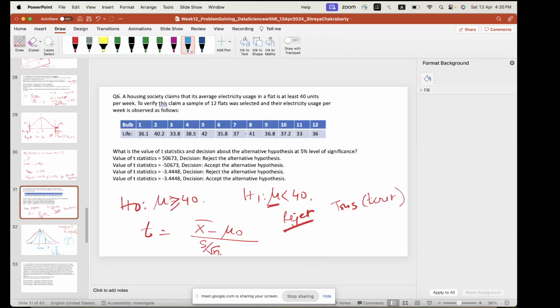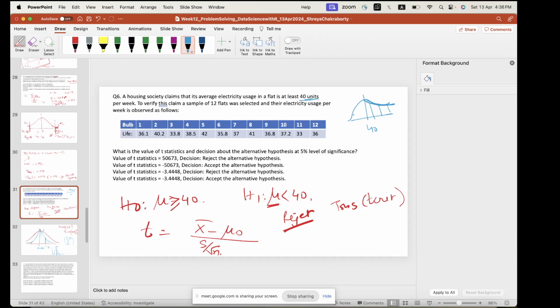Here, if it is mentioning that it is at least 40 units, if it is more than 40, then you are okay with it. This is the distribution of x bar, this is 40. If you have 41, 50, the more the merrier. This is acceptable to you because you have said that it is at least 40 units.